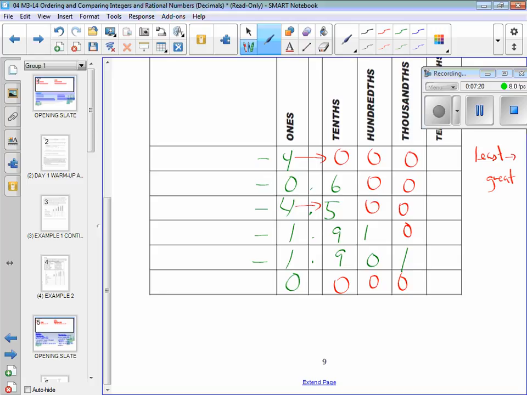Now I'll ask you, what's further left? -5 or 0? -4.5. Don't worry about this column yet. This is the column I'm looking at right now, and -5 is lower than 0. So right now, that's my lowest. Put a 1. Cross it out. Don't have to worry about it ever again. Well, we do, but not till later.